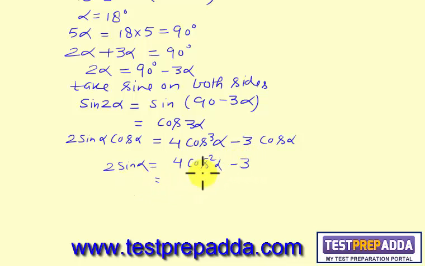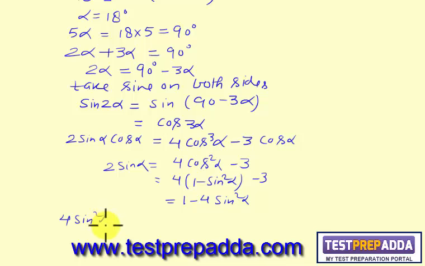And if I convert all the terms into sine, cos square alpha I will write as 1 minus sine square alpha. 1 minus sine square alpha minus 3, and at the end it will become 4 minus 3 will become 1 minus 4 sine square alpha. So it is a quadratic equation. 4 sine square alpha plus 2 sine alpha minus 1 is equal to 0.